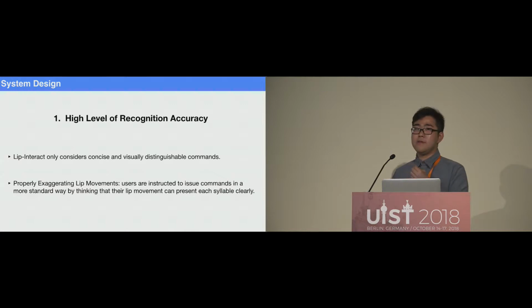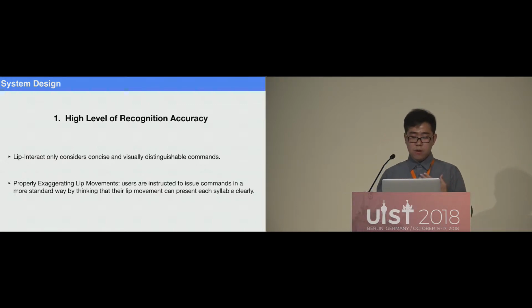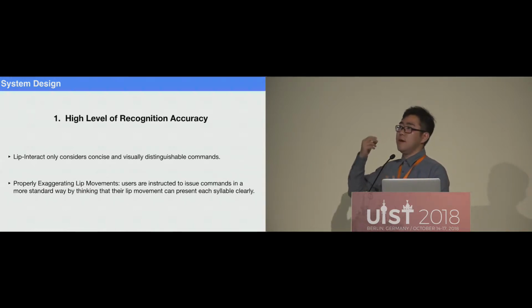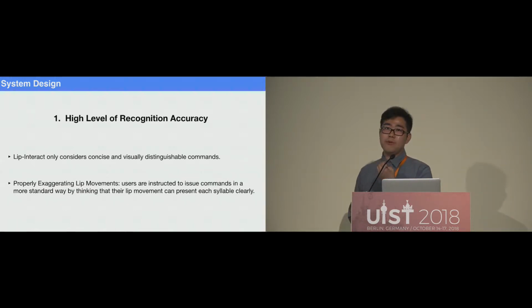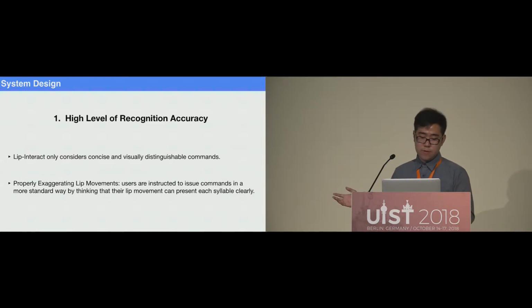But please note that the exaggeration is still within a normal range of speaking. Users only need to mouth the command by thinking that their lip movement can present each syllable clearly. So overall, these two constraints are a kind of trade-off between the naturalness and the usability of the technique.